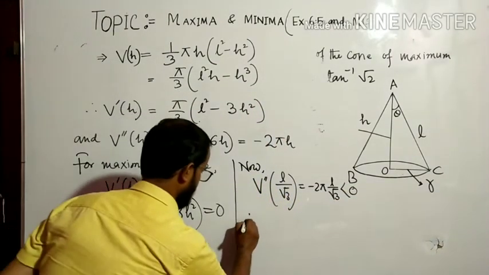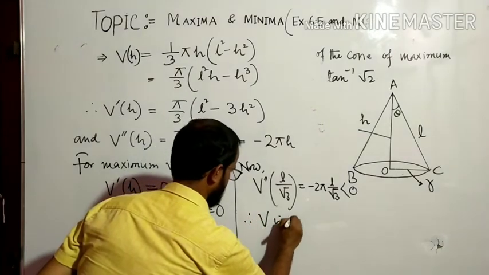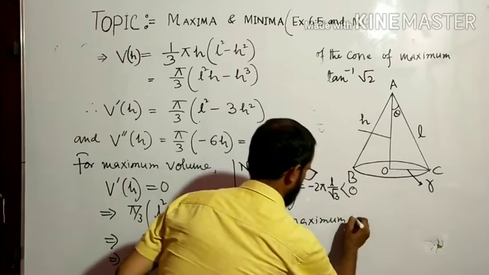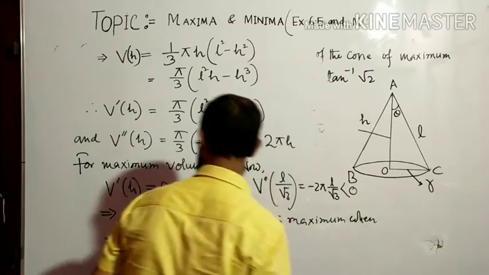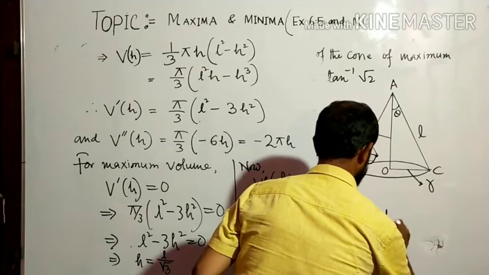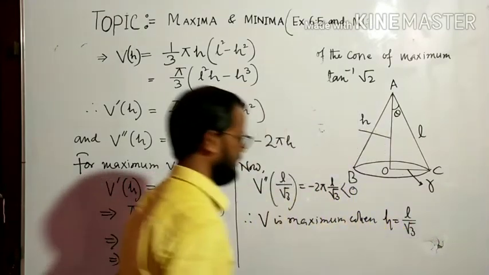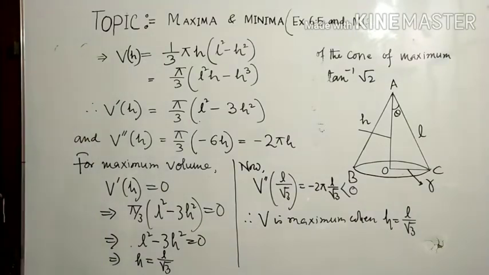Therefore V is maximum when h equal to L by root 3. Okay, h is equal to L by root 3. Clear?